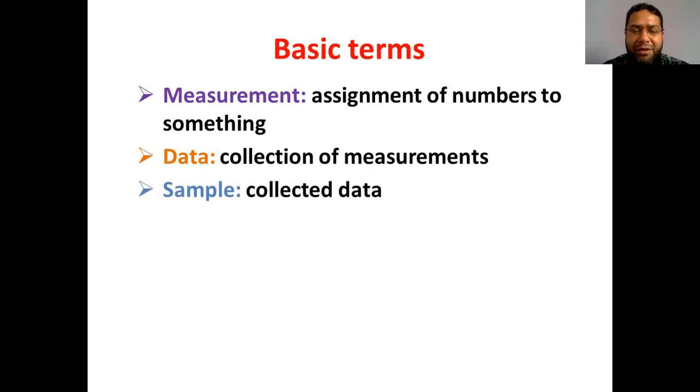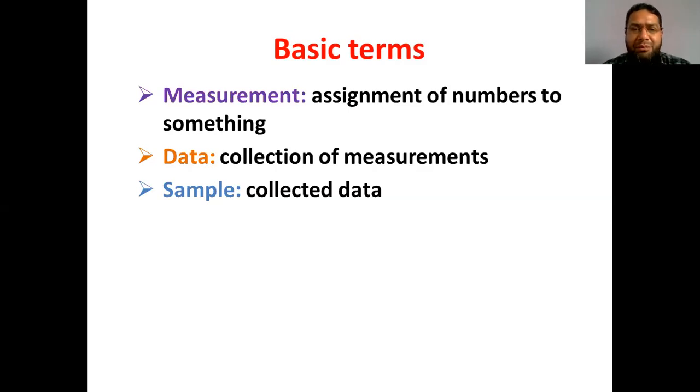Then sample. Our sample is collected data. Collected data is our sample. For example, in case of COVID, our sample is all the patients who come to labs or to certain hospitals. Since all the people don't reach labs, all is not the sample. But a sample is something out of the population. For example, we take the population of J&K, we take the population of our country, India.